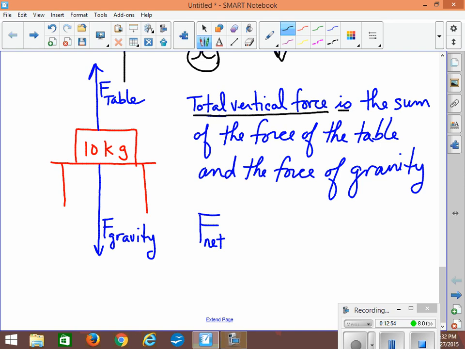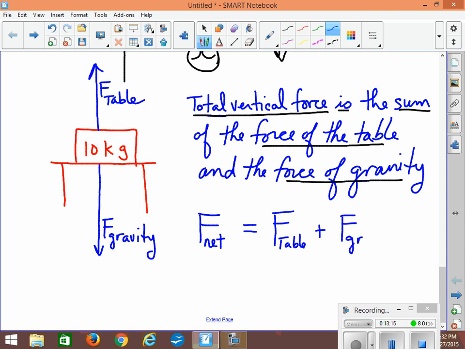Well, in math, for is, we use equals. It's equal to. Now, the next part is the sum of the force of the table and the force of gravity. So for shortcut, I'll write the force of the table plus the force of gravity.